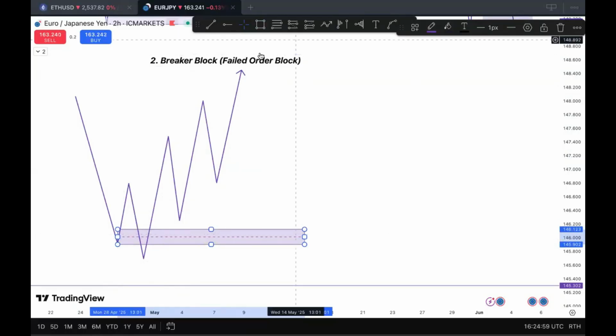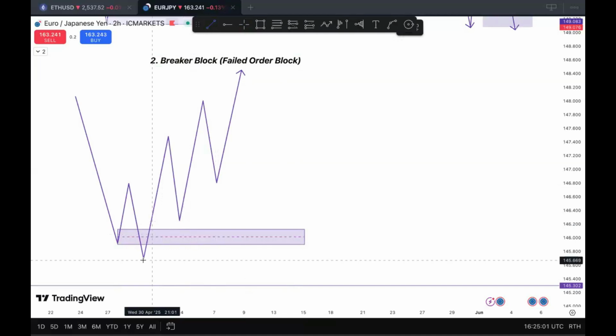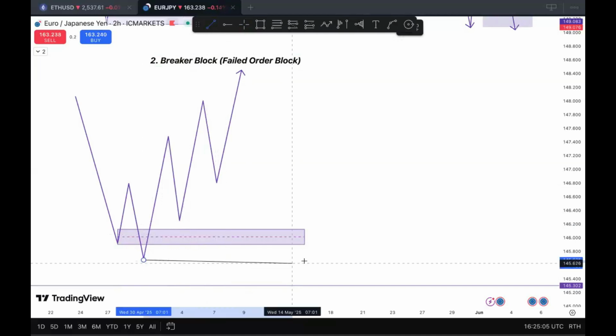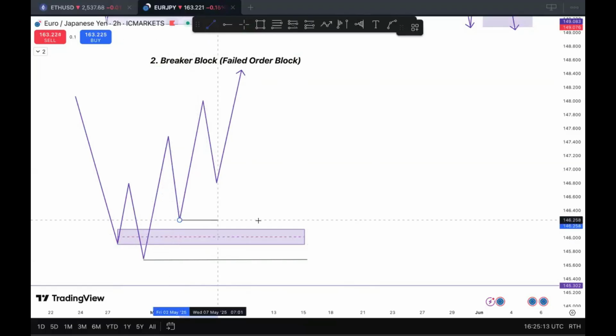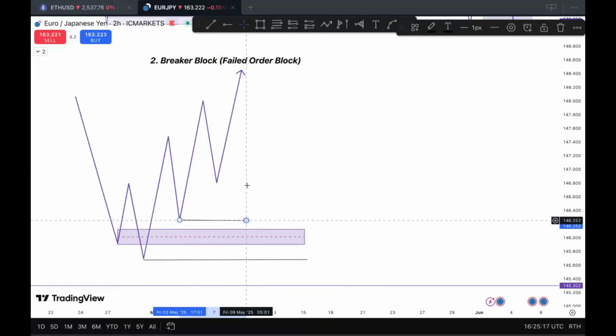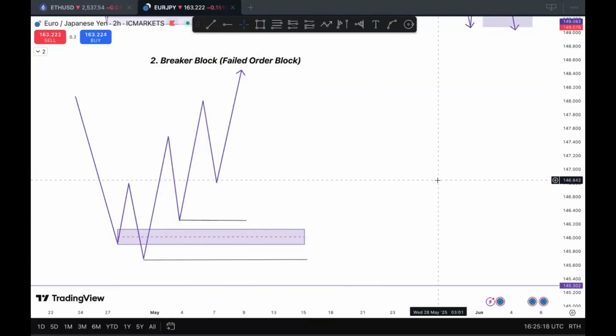So what do you do? Remember, this low is the main low and is always protected. And we have our liquidity. So where do you place your entry?